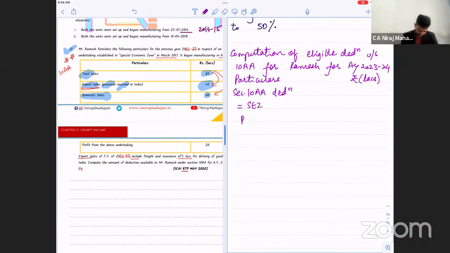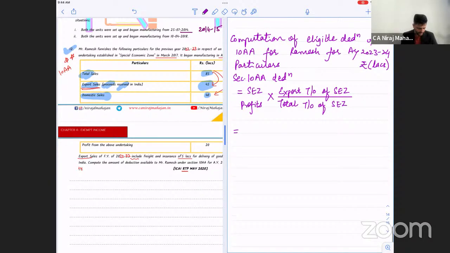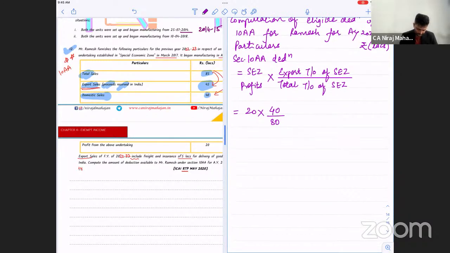SEZ profits into export turnover of SEZ upon total turnover of SEZ. What is the profit? 20. Export turnover given to you is 45, but I will not take 45. I will take 40. And total turnover also I'll reduce. How much? 80. Clear? And of that, I'm limiting it to 50%. So half of 20 is 10 and half of 10 is 5.